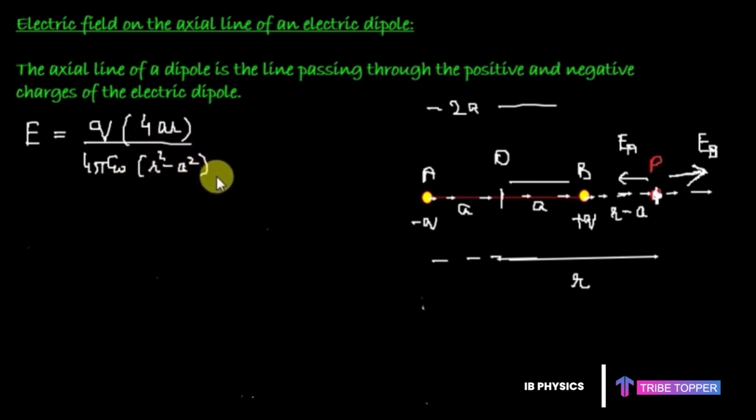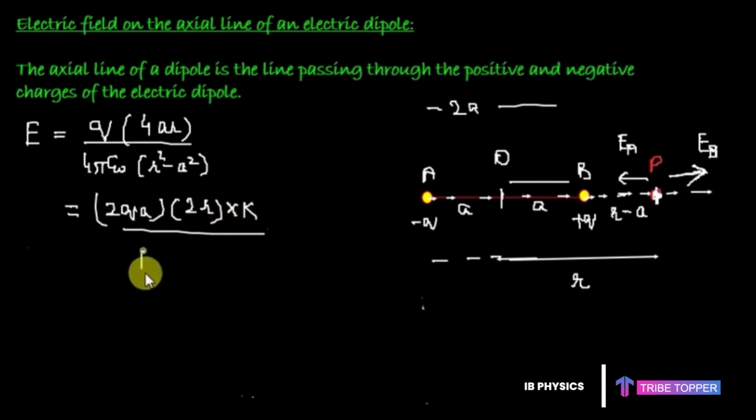Now we can just split this 4a and write this as 2qa times 2r. I would still get the same thing, 4qar, and 1 upon 4 pi epsilon naught, I'll just write it as k, and upon r square minus a square whole square. Now I know that 2qa is the dipole moment p.